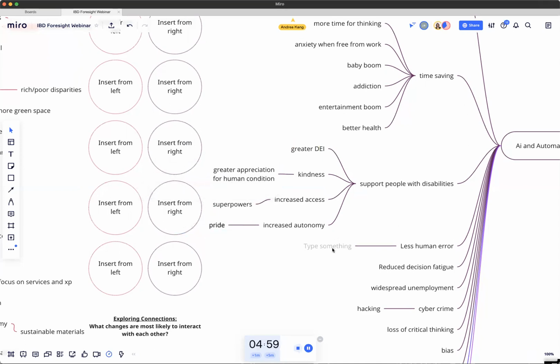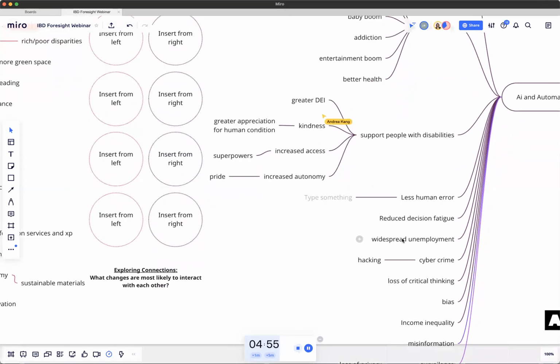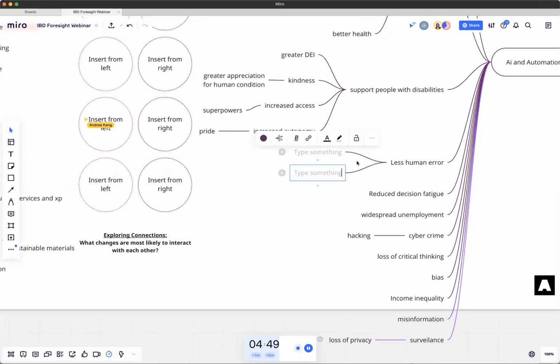Okay, let's talk about less human error. So in a world where humans aren't making mistakes, what happens? Less injury, someone mentioned. Yeah, less accidents, less errors. Reduced healthcare costs.